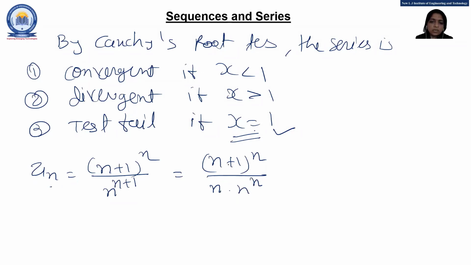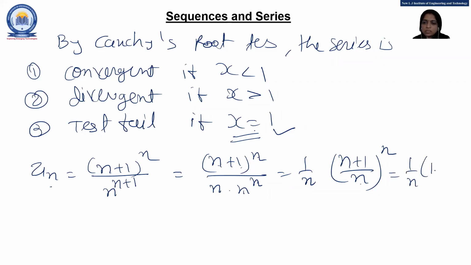If I divide individually, n plus 1 has power n and this n also has power n, so (n plus 1 upon n) whole raised to n, and I am putting here 1 by n. By dividing individually, 1 plus 1 by n raised to n. So this is my un.